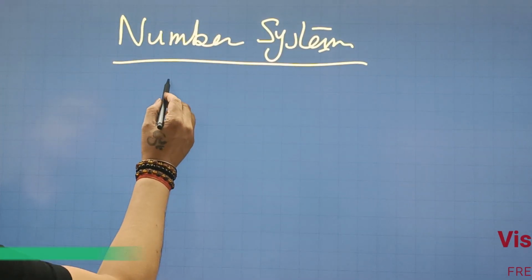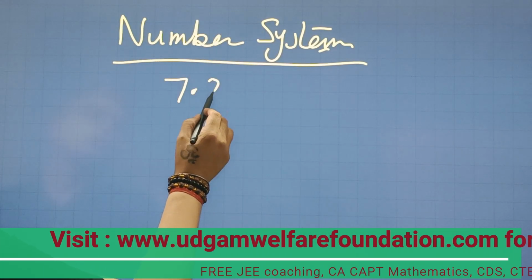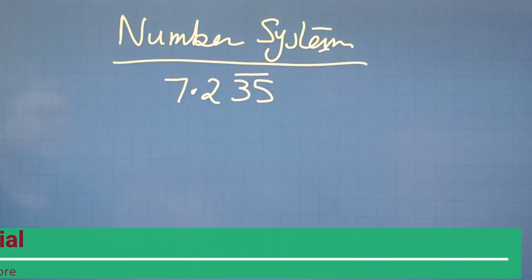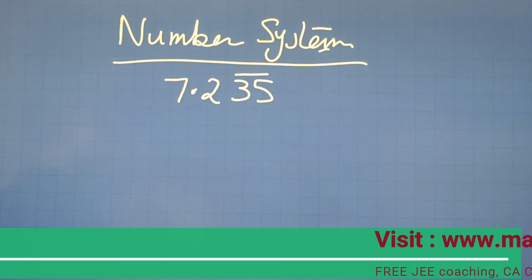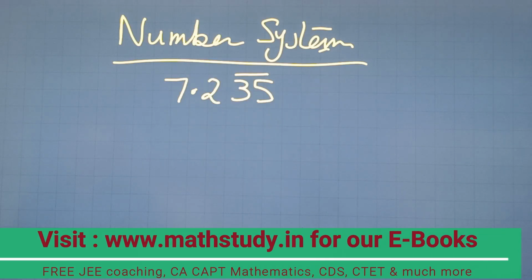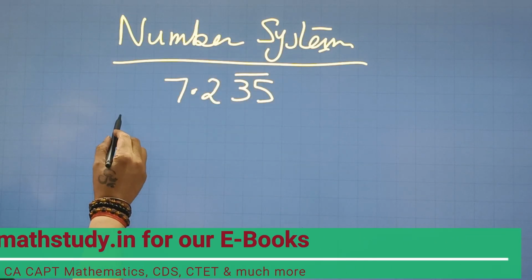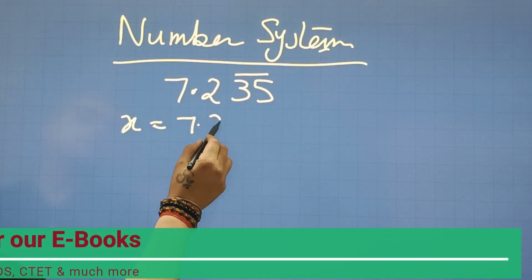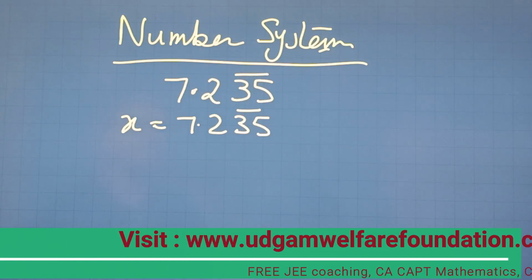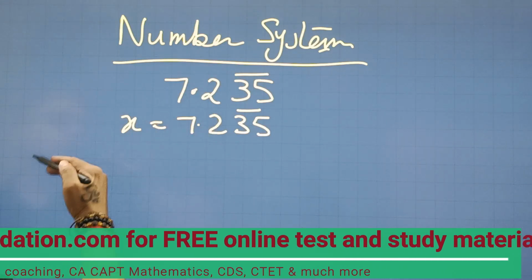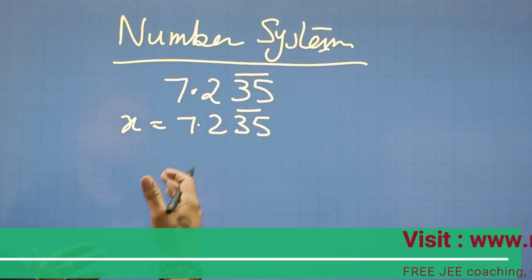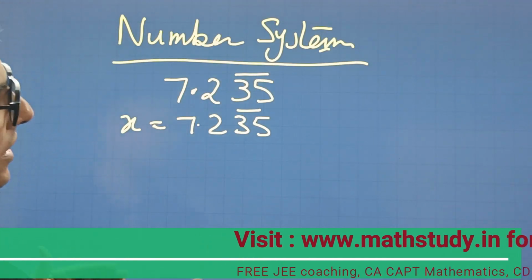Let us say we need to convert 7.235 bar. Here the bar is on 35, not on 2. So how do we tackle such problems? Our first step will remain the same. Let x equal 7.235 bar. Now our second step is to take this 2 towards the LHS, so that after the decimal we will have only the number which is repeating again and again.